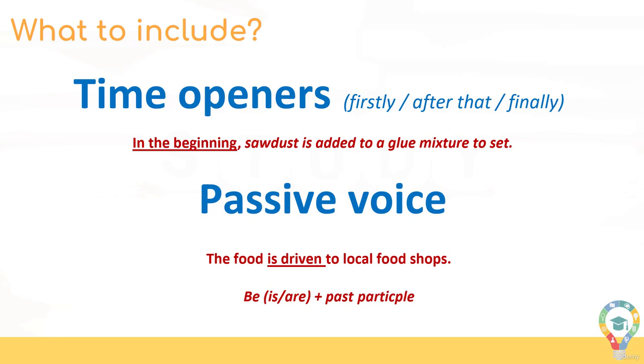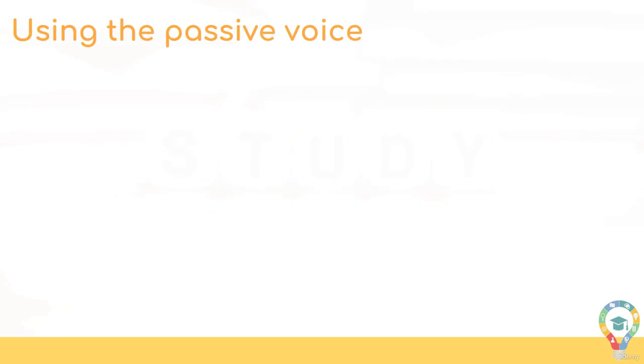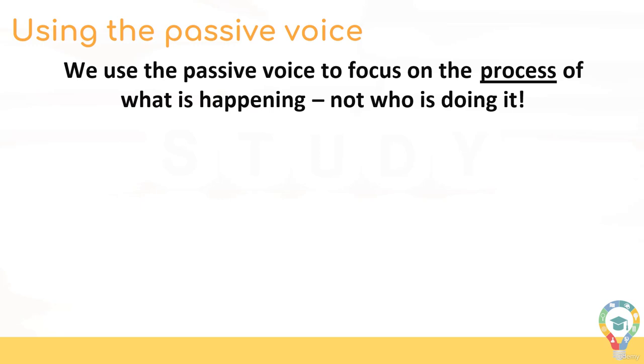Let's take a bit of a further look at passive voice, as it is quite important for your report. So we use the passive voice to focus on the process, the process of what is happening, not who is doing it. And again, it's the verb be, is or are, plus past participle.